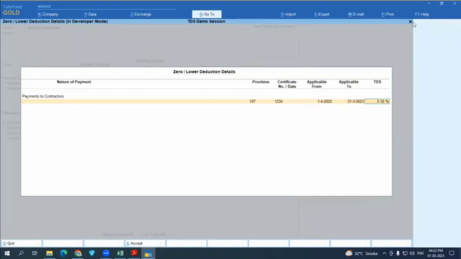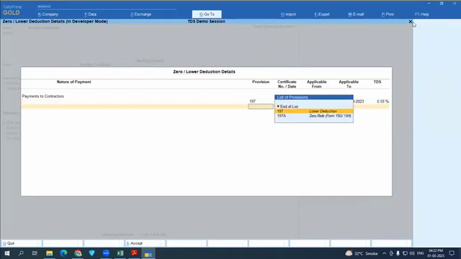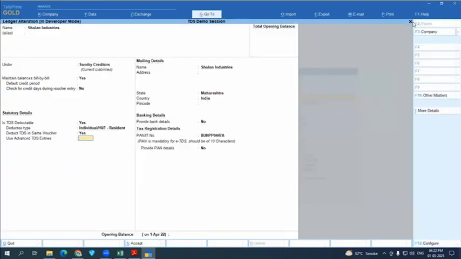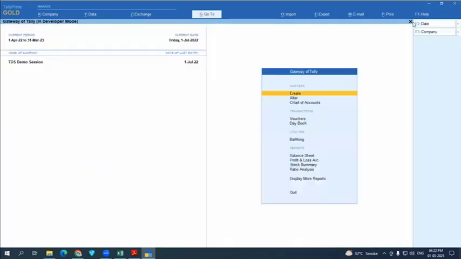See, here you can put multiple options. Means you are selecting here, just a minute. You are selecting the second category here. Create different categories for low deduction, like you are seeing for 1 lakh. Okay. So different categories you can create in a party. And the same party with different categories, you can even modify in Tally.